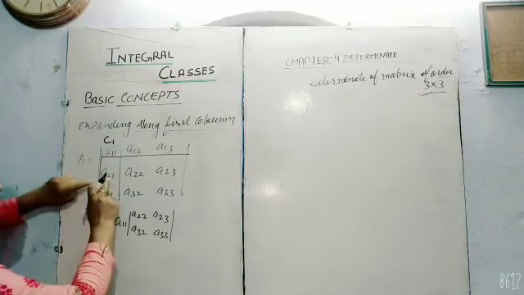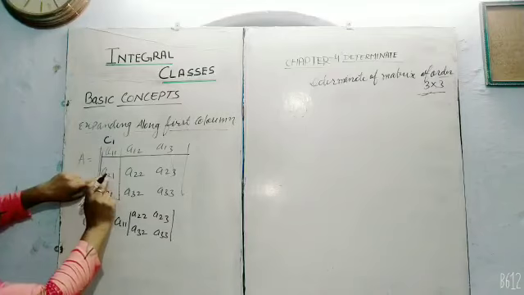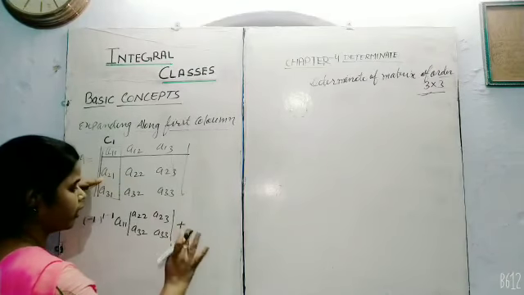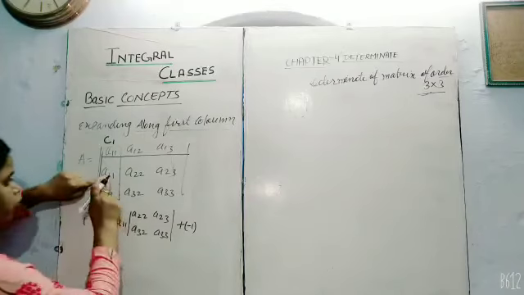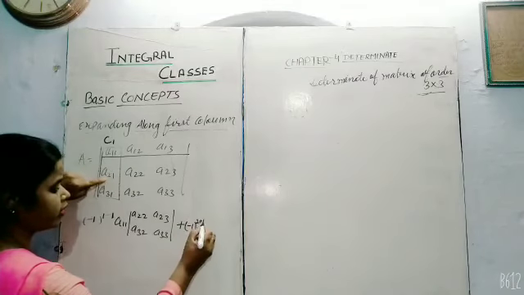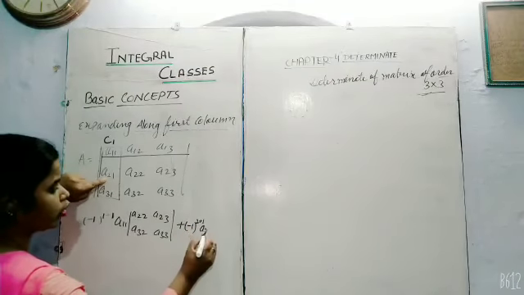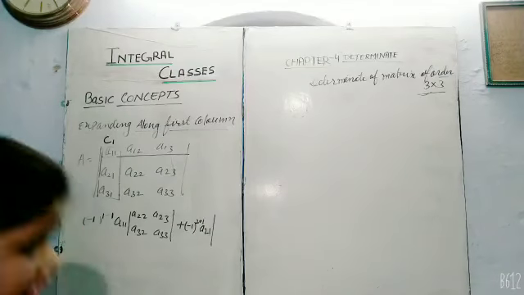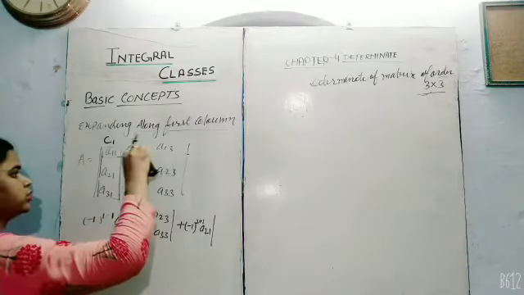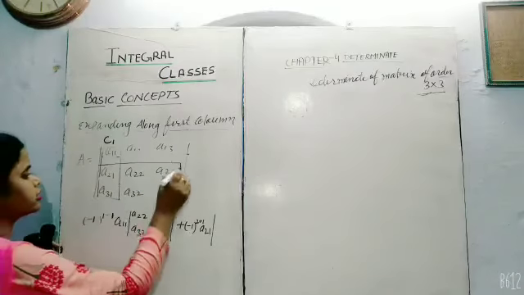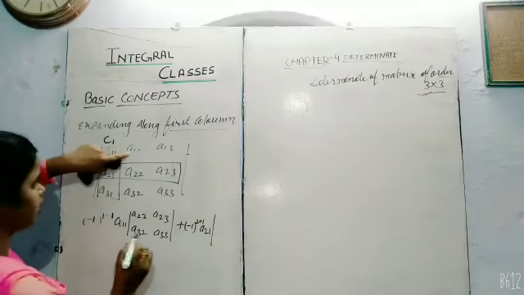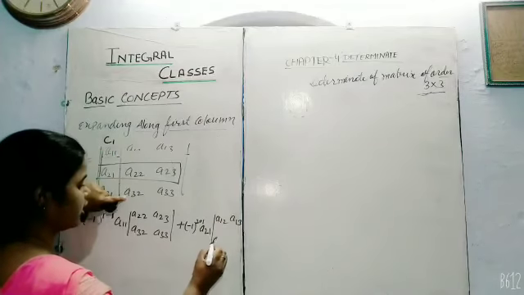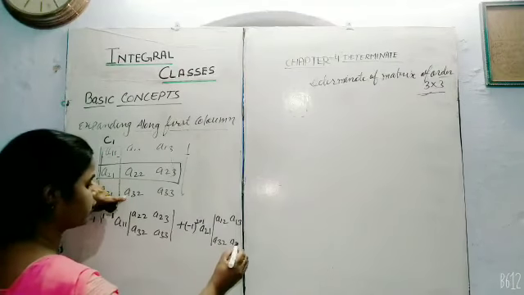Now from the first column, the next element is A21, with minus 1 exponent 2 plus 1, second row, first column. Now we delete the second row. This row is deleted, so the remaining are A12, A13, A32, A33.